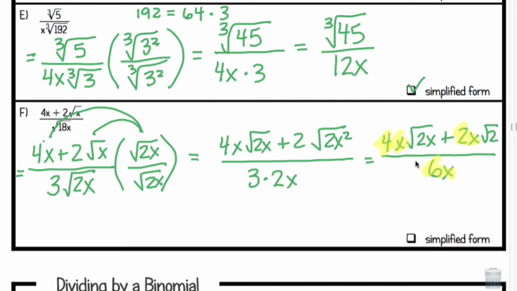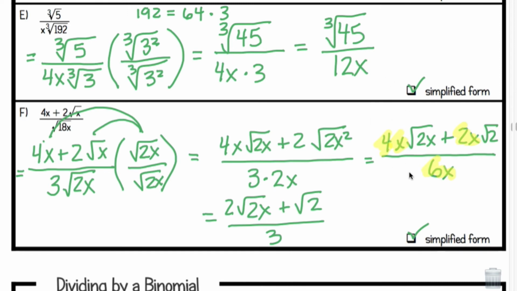I could factor out a 2x in the numerator and a 2x in the denominator, but I'm just going to look at these and know I'm dividing each one by 2x. So I end up with the square root of 2x, 2 square root 2x, I'm dividing by 2x, plus the square root of 2, and 6x divided by 2x is going to be 3, and that is my simplified form.